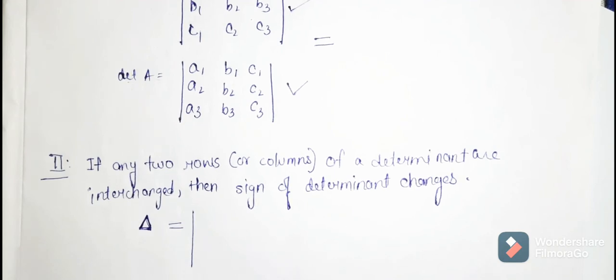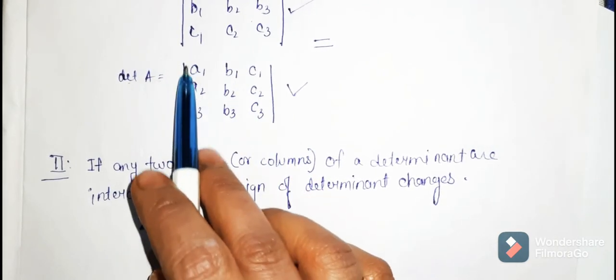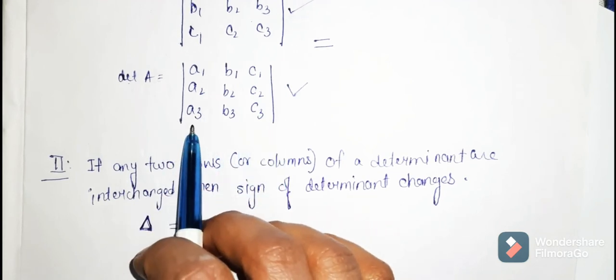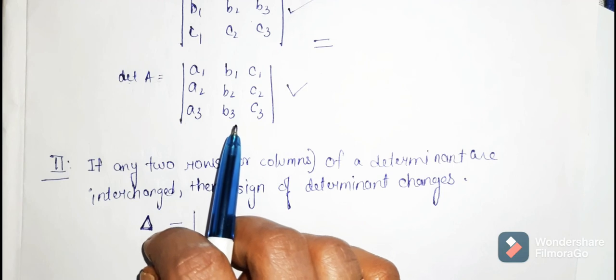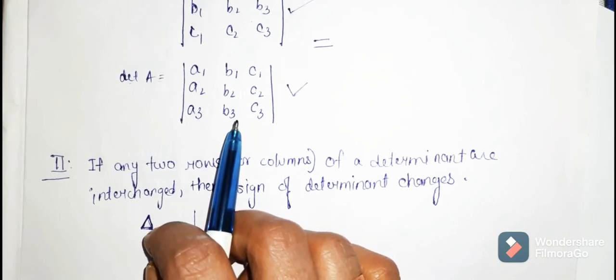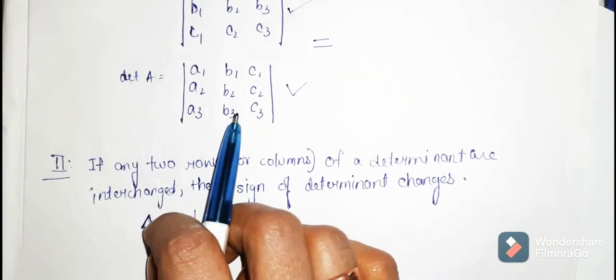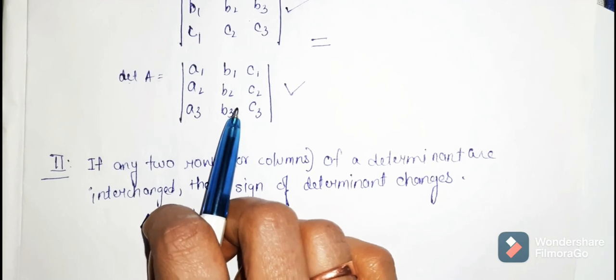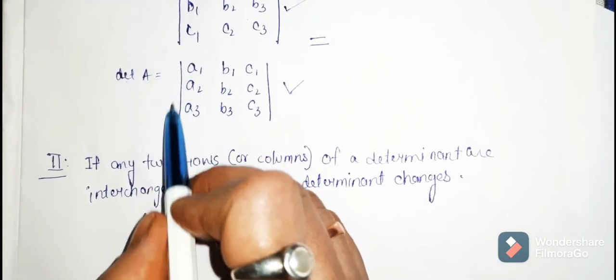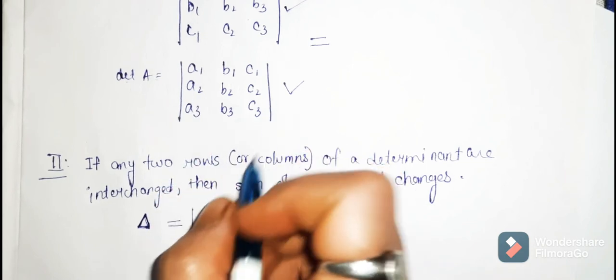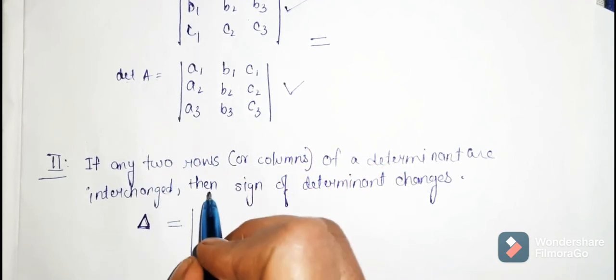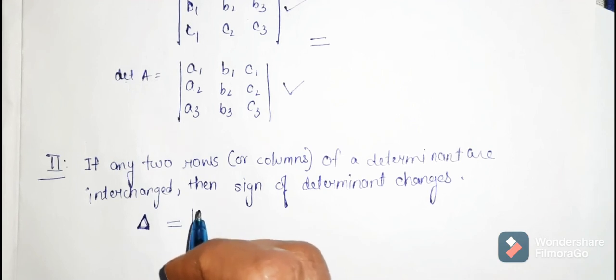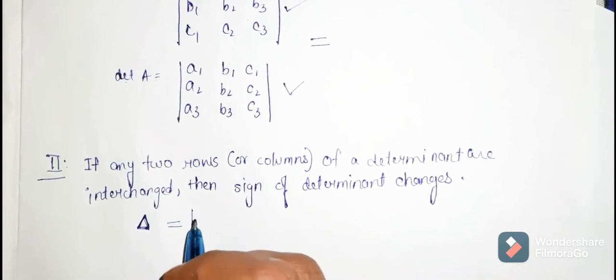If by mistake you put the wrong sign, then your whole sum will be incorrect. Even if you do every calculation correctly, if you put the modulus or determinant sign in place of matrix brackets, everything will be incorrect. So be careful.